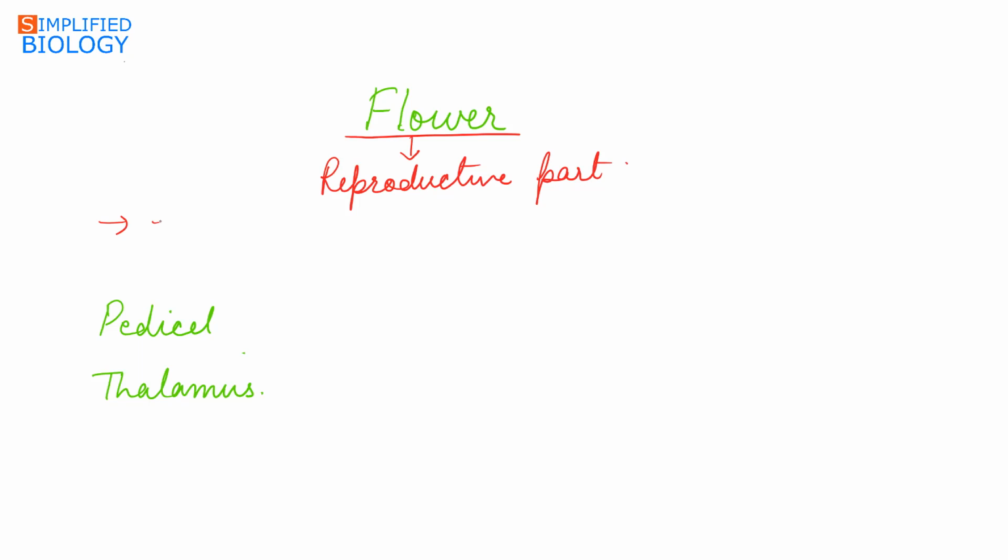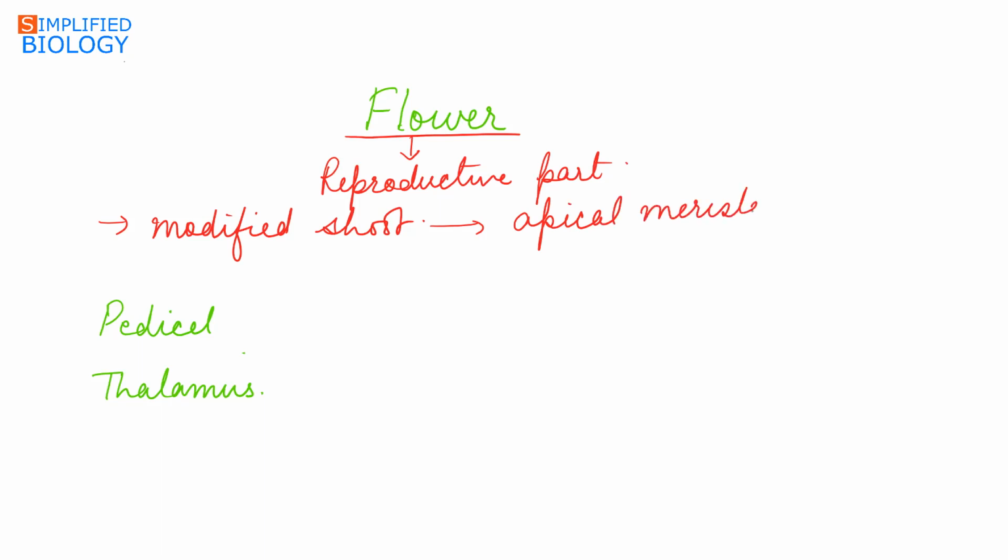It is a modified shoot where the apical bud or the apical meristem is converted into floral meristem, producing the flowers.